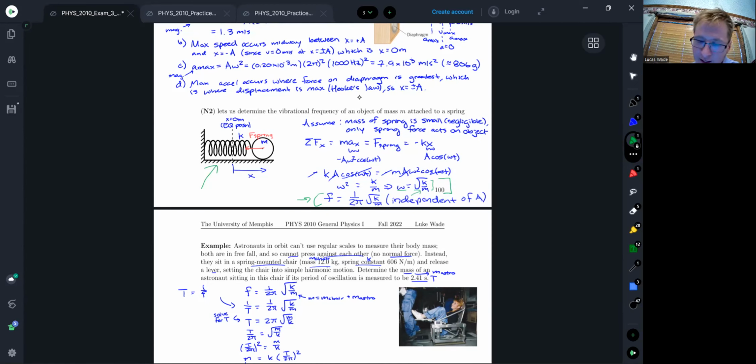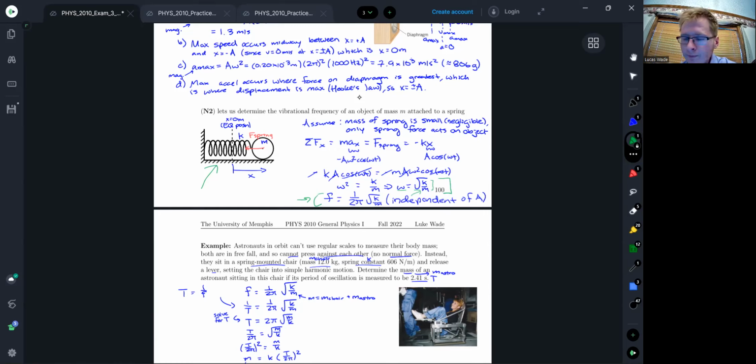So if that doesn't make sense, you can always fall back on the equation that says if K is larger, omega is larger. If M is larger, omega is smaller. But physically, it has to do with if you have less mass, it's easier to move back and forth. If you have something that is pushing and pulling harder as the thing moves back and forth, it is also easier for that system to move back and forth.